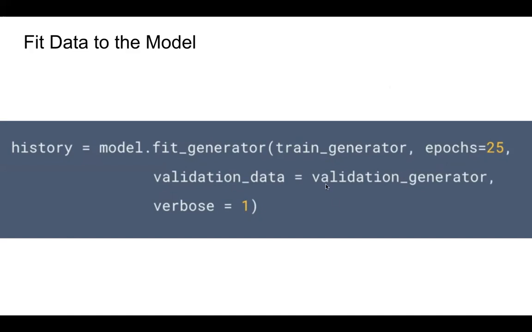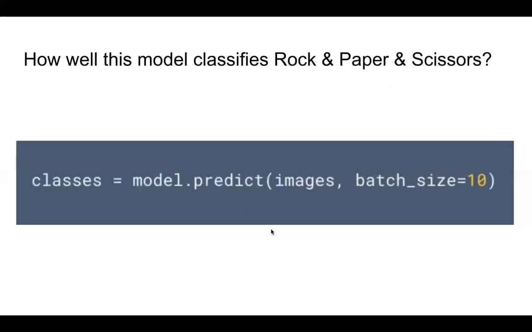And the epoch size here is 25, but we will see, maybe we will use the same. And the validation data is also made by a validation generator. So this is the fitting of our model.